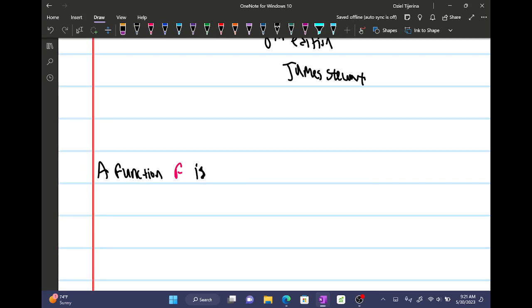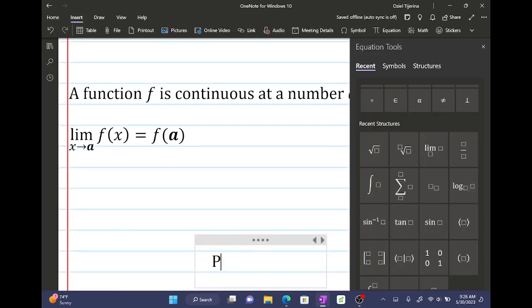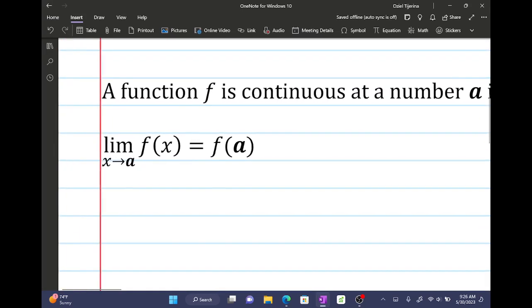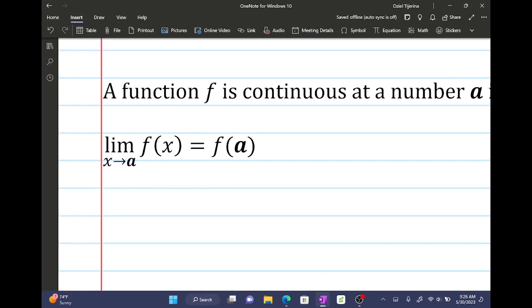Let me write this down, guys. Okay, guys. So this is the definition of continuity, basically. This is the limit definition of it.